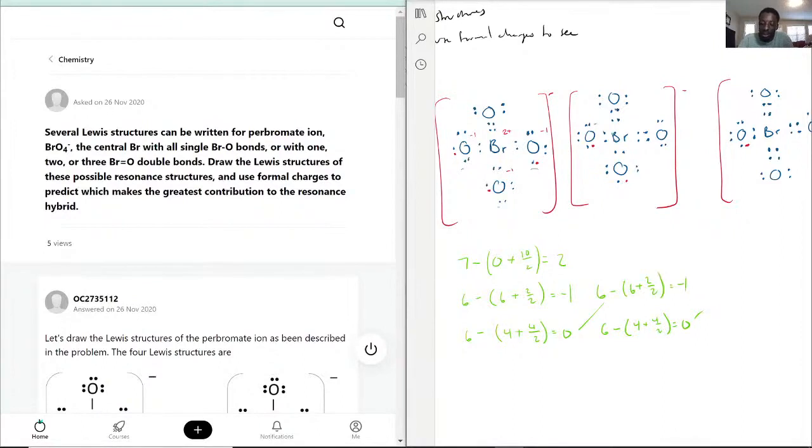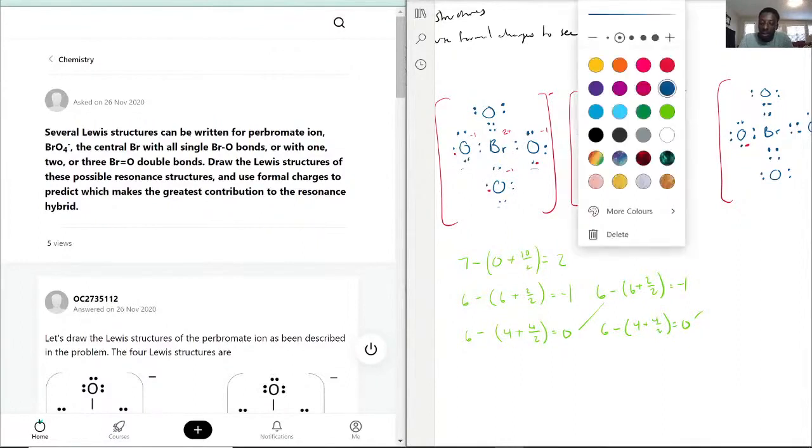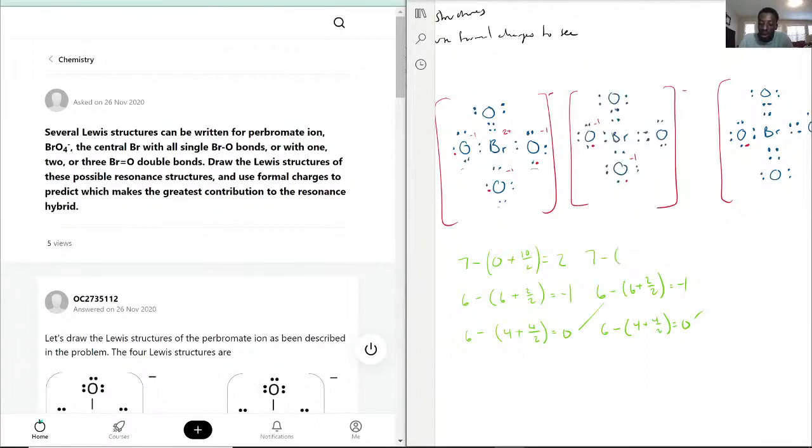So that means these 2 here, minus 1 and minus 1 there. And the bromine this time would be 7, minus 0 because it doesn't have any by itself still. But now it's sharing 12. And with that, it's only plus 1. So we're getting quite close.